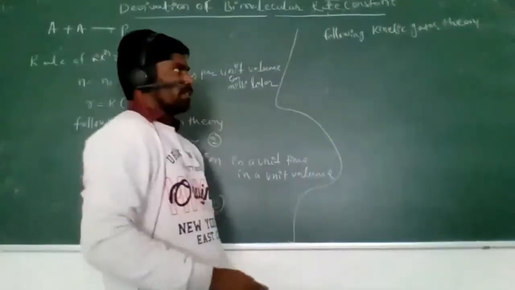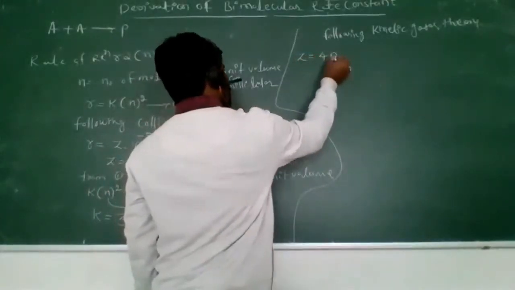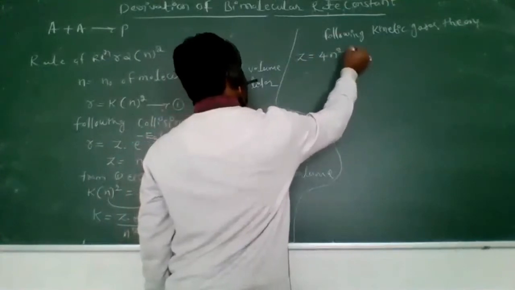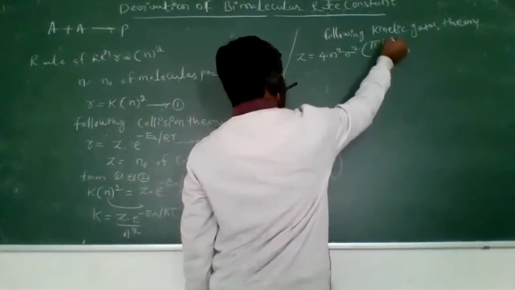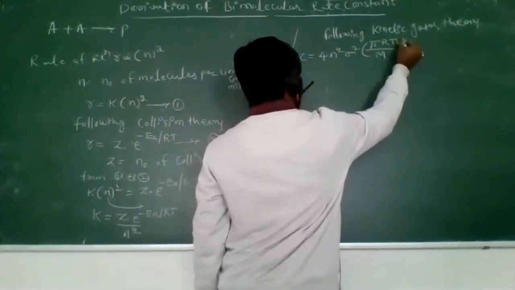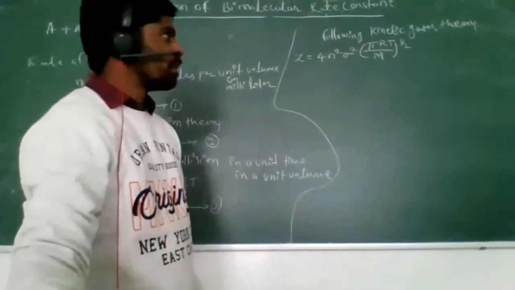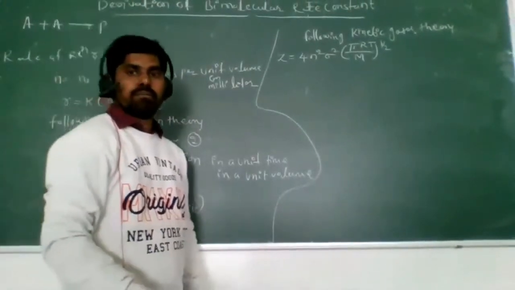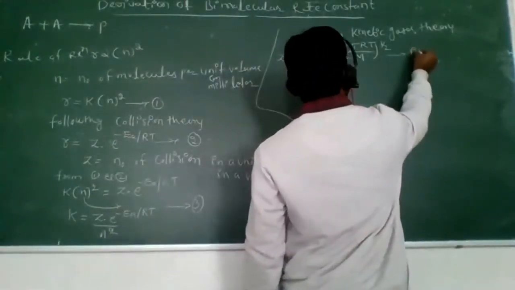Following kinetic gas theory, Z equals 4 n squared sigma squared times pi RT by m to the power 1 by 2. This is equation number 4.